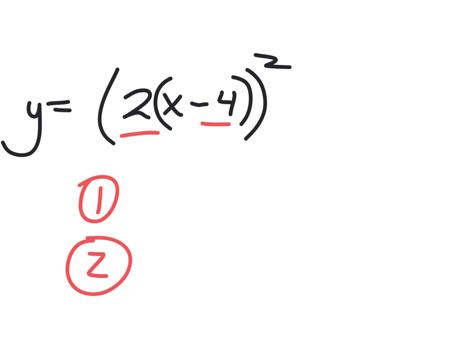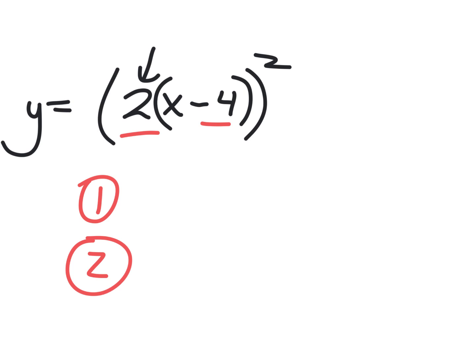Would you agree that in the whole PEMDAS thing, parentheses are the king of the hill? They're the first thing you're supposed to do, right? So then whatever's in the parentheses should be the last thing that you do. Okay, so you should have started with this. And I totally get the kid that's like, but that's a multiply and the other one's a subtract. Yeah, you're just ignoring the parentheses.